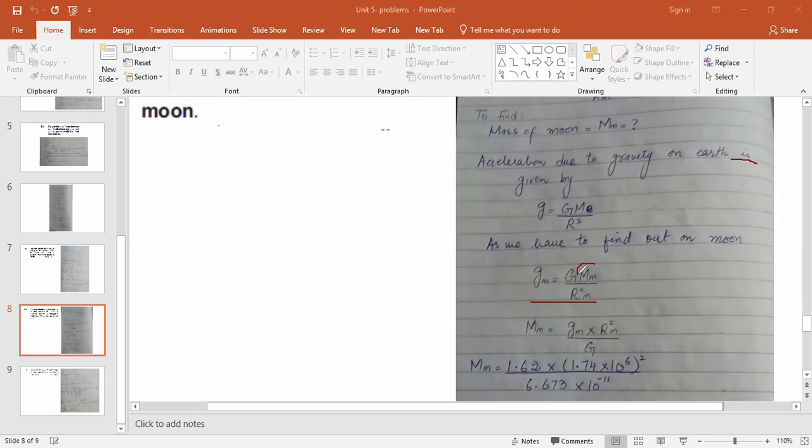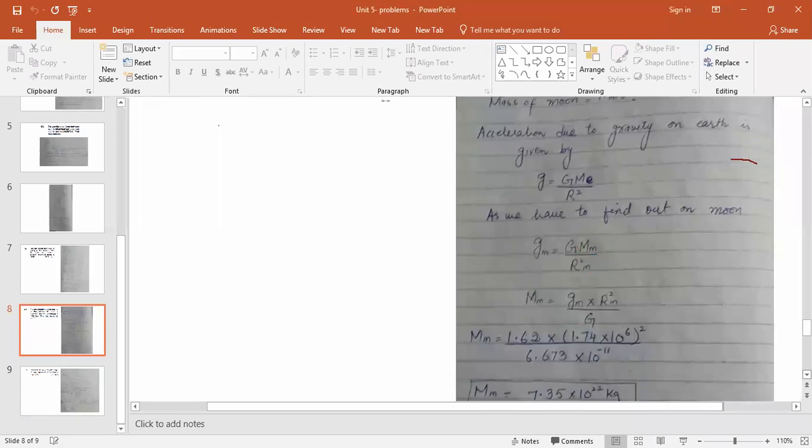As we have to find out the mass of the Moon, we just move the other parameters to the other side, right? So we get Mm is equal to gm into Rm square by G. Just substitute these values, because they are given to us. That is 1.62 is the acceleration due to gravity, R is the radius, and G is the universal constant.